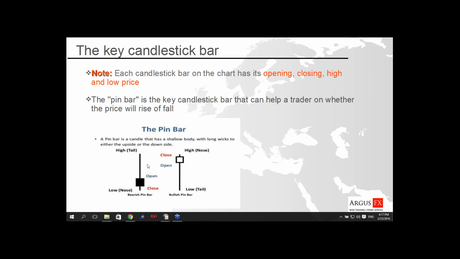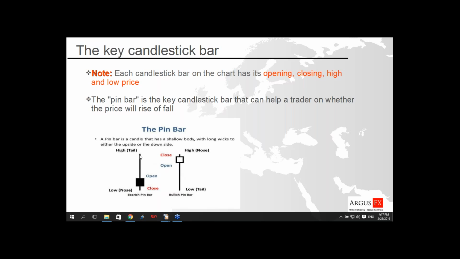So you can see that in the case of the bearish pin bar is like an indication that the next candlestick bar will be a bearish one because there is a strong momentum, strong forces to the downside. On the other hand, the bullish pin bar shows that the next bar or the next movement will likely be a strong bullish bar.